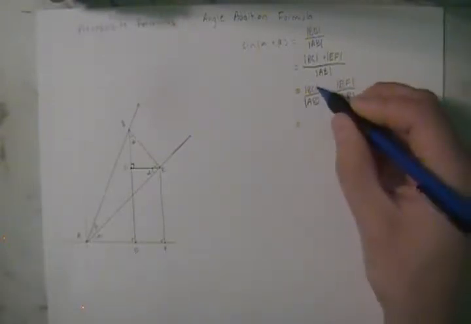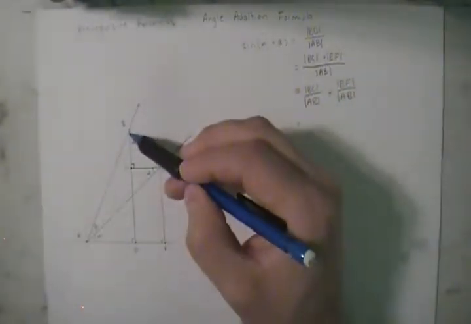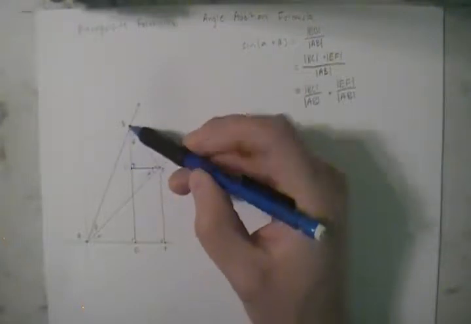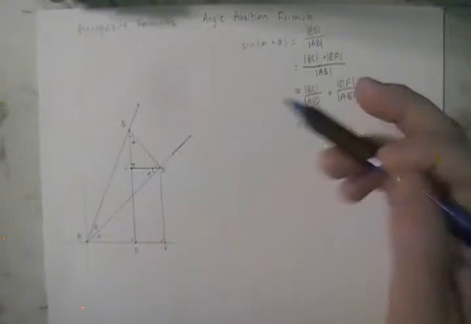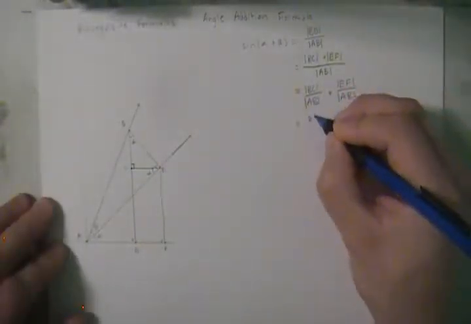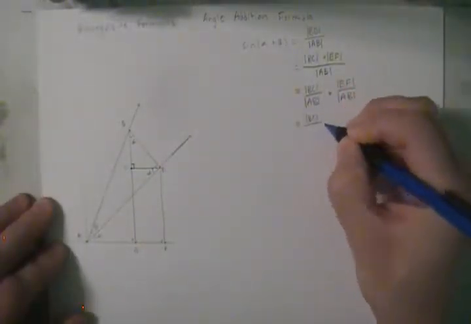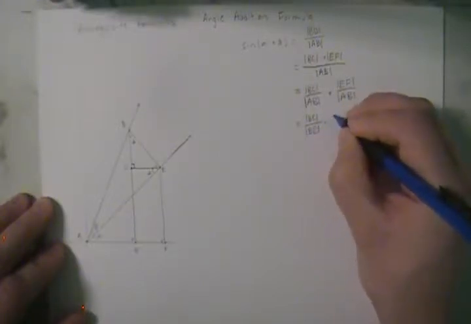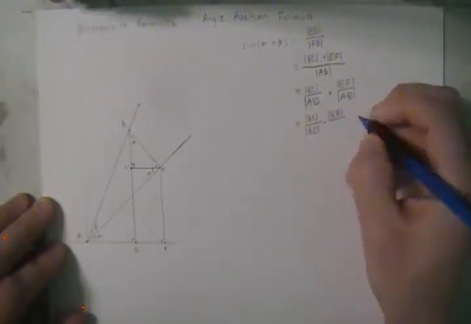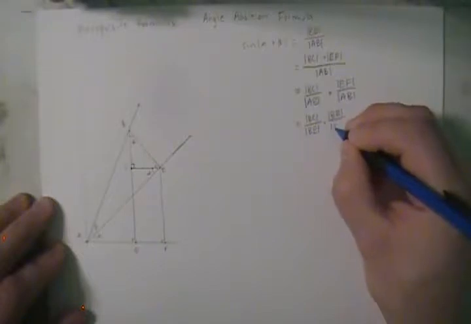And so instead of BC divided by AB, I'm going to say BC over BE times BE over AB. I'll just write it out algebraically so we can see how that works. So it's BC divided by BE times the length of BE divided by the length of AB.